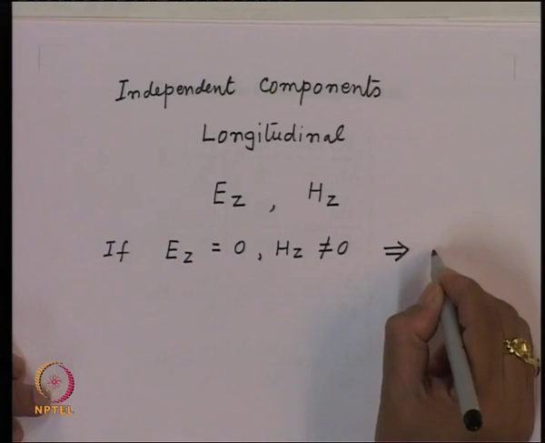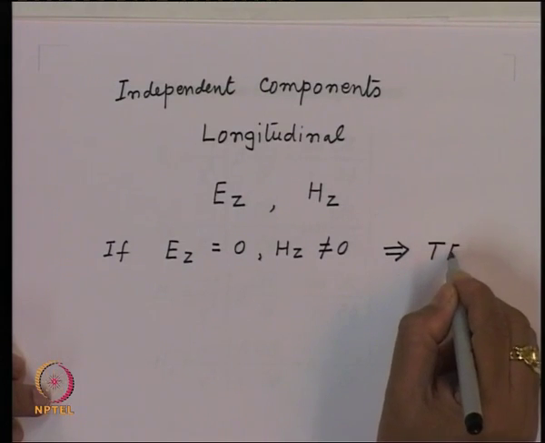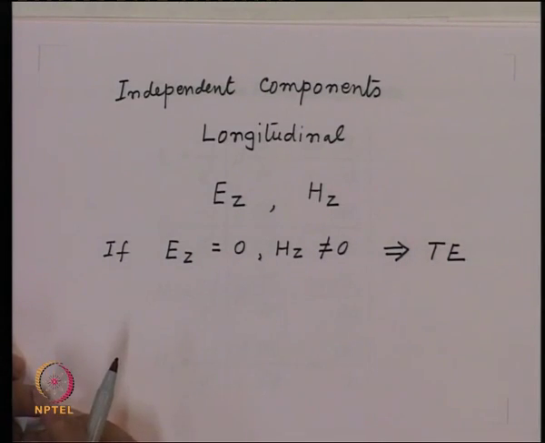So, we call this mode the transverse electric mode, same as what we saw from the ray model, that there is a possibility of finding rays which could give the electric field which will remain always transverse to the direction of net propagation.